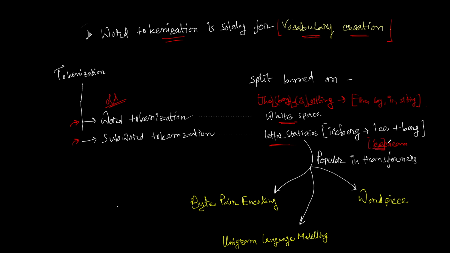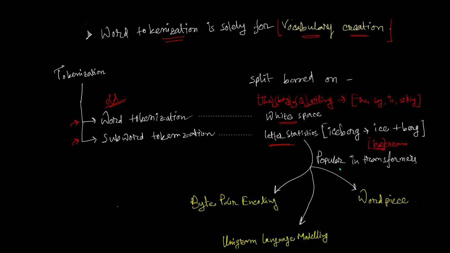That's the best part about subword tokenization. That's why it is used quite often in a lot of big LLM architectures, basically in transformers.